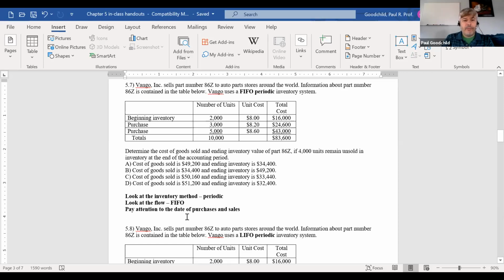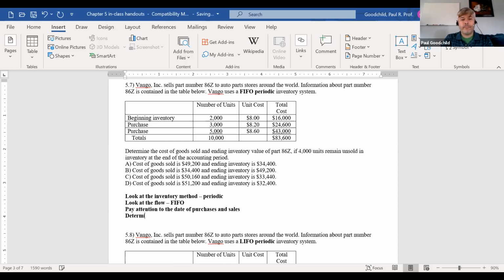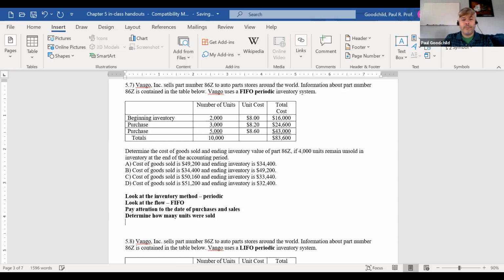So we want to determine how many units were sold. And so we take a look at our total inventory minus our ending inventory.